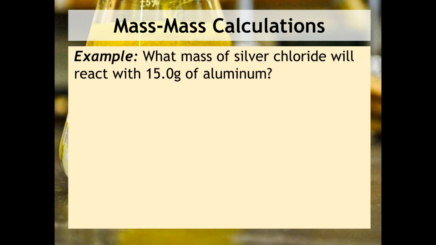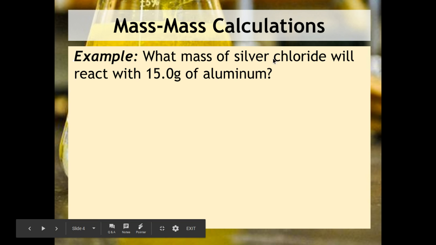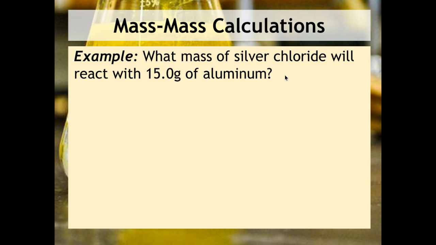So here's an example. What mass of silver chloride will react with 15 grams of aluminum? So I'm asking for a mass of silver chloride given a mass of aluminum. Well, how do I do that? Well, first you're going to have to write a chemical equation, and I'm just going to give it to you.